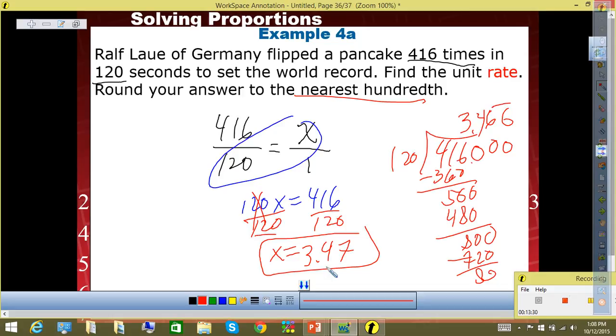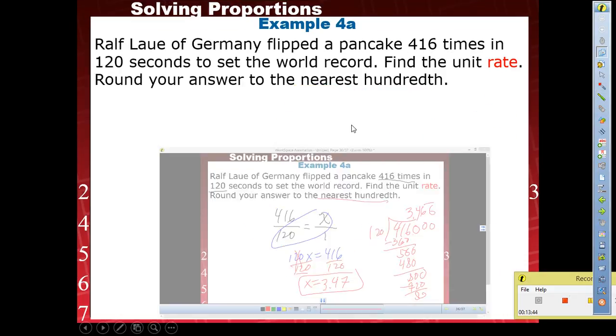So that means they flipped the pancake 3.5 times in 1 second. No. Yeah? That's real. So that's how you get the unit rate.